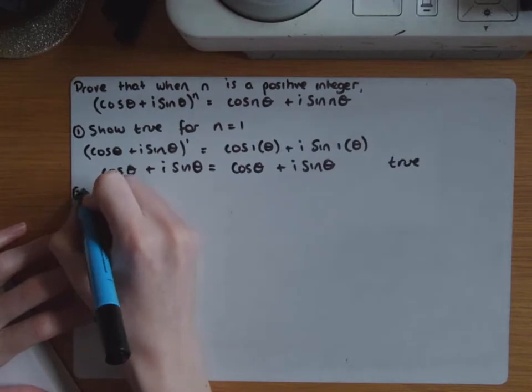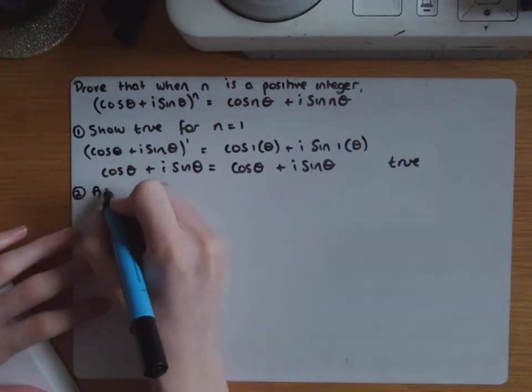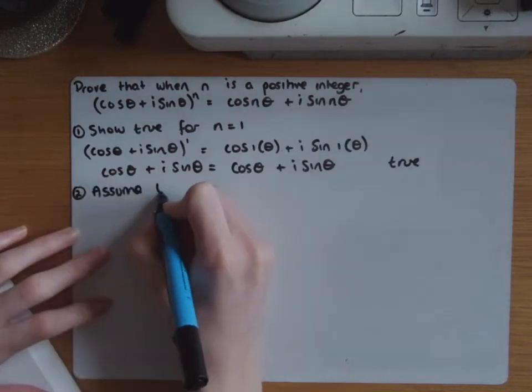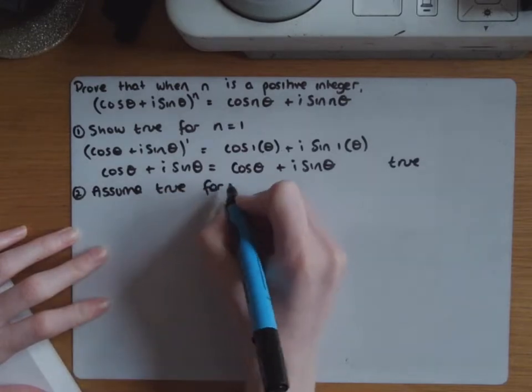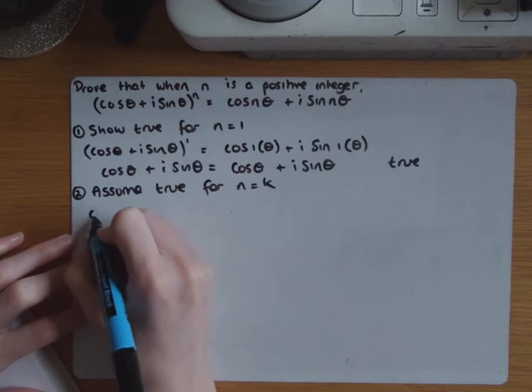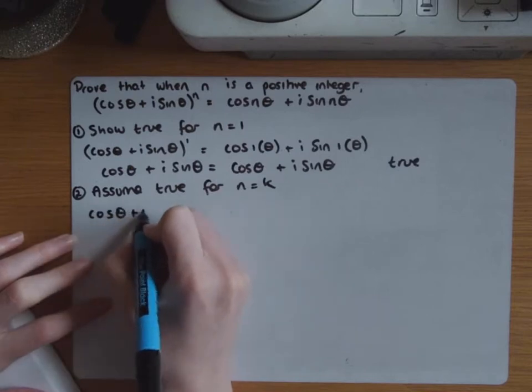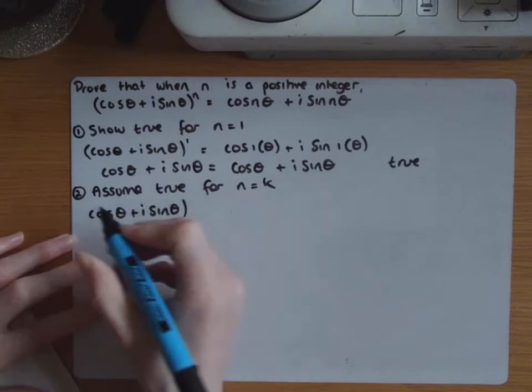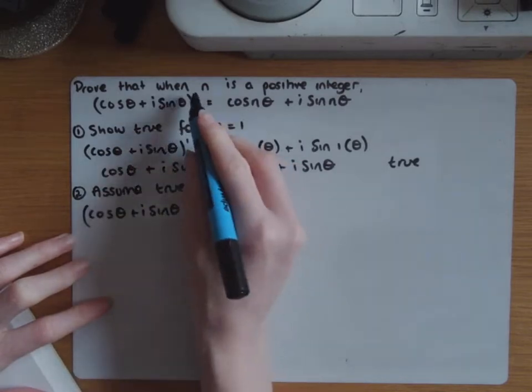Okay, then we need to assume it's true for n is equal to k. So just replacing n with our k.